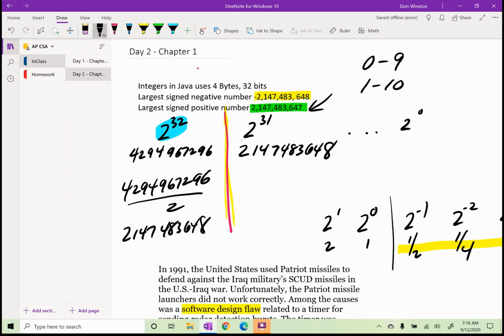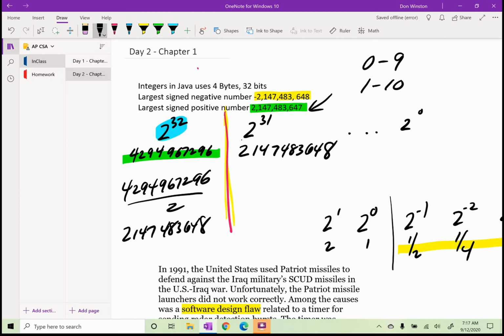The important point is that when we get into actually working with Java, we have the capability to declare an integer as unsigned, which means the largest number you'd be able to represent is one number short of 4,294,967,296.